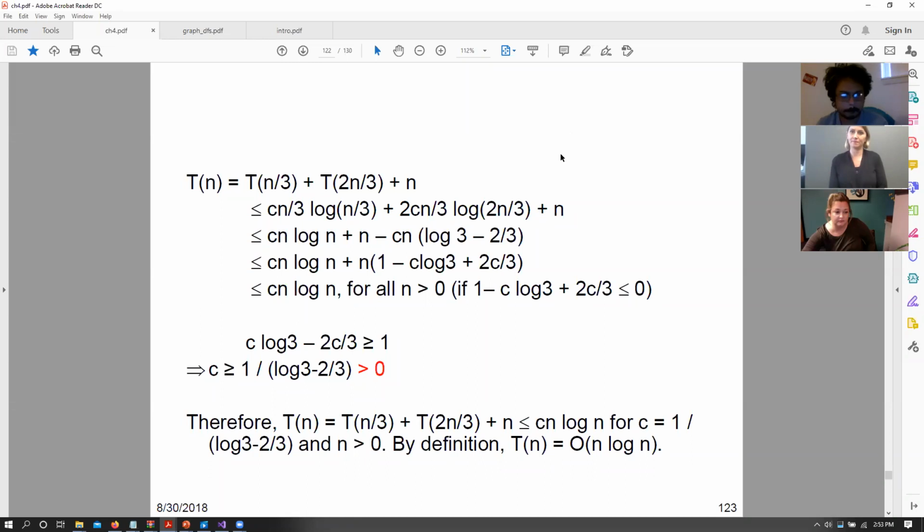Is that what you're asking? Yes, exactly. That particular part needs to be negative when C is that particular value. Because in order to prove big O, we need to show that this is negative.